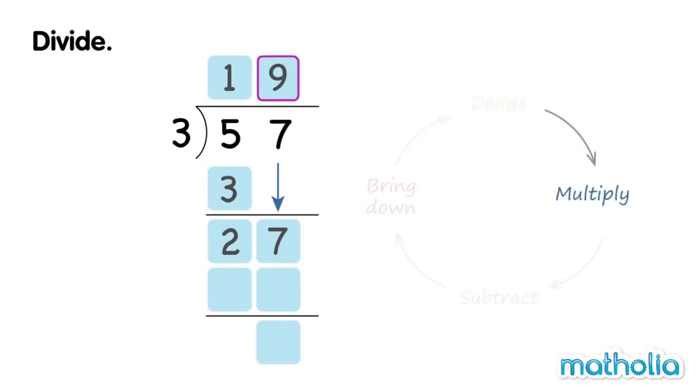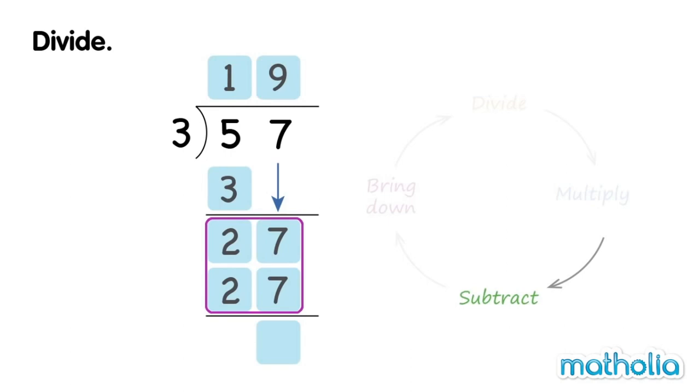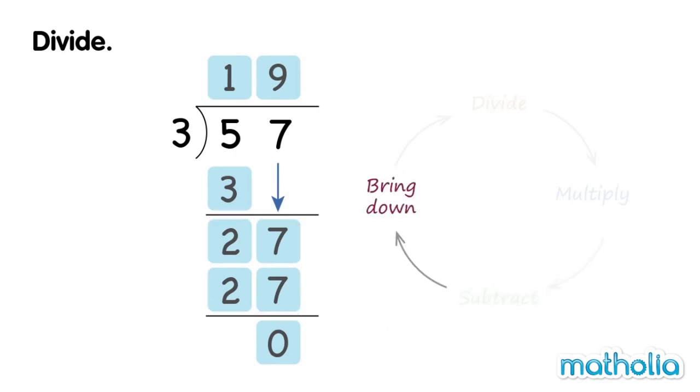Multiply. 9 ones times 3 equals 27 ones. Subtract. 27 minus 27 equals 0. There are no more numbers to bring down. We have finished dividing. 57 divide 3 equals 19.